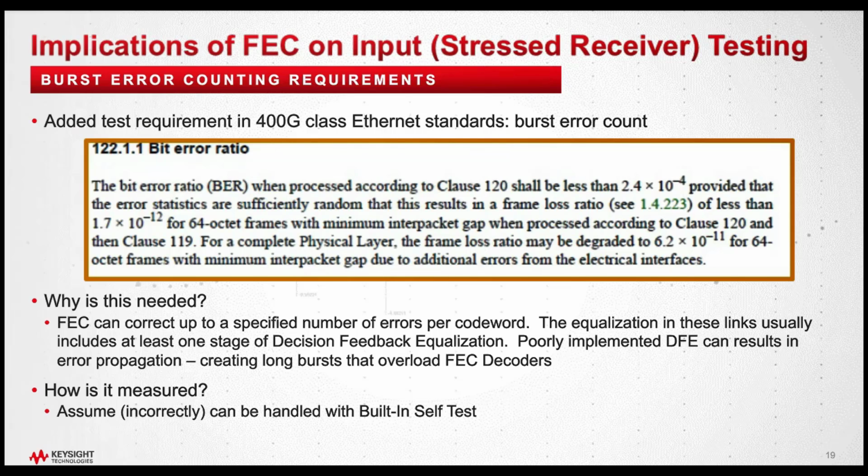DFE is used quite often in these links because of the amount of eye closure that is present, and when DFE is not implemented properly, you have the possibility of actually propagating an error. So, one or two errors can go through and a whole burst of errors come out, and when that happens, that can overload the Reed-Solomon decoder, and that would not necessarily be caught in just doing an aggregate BER measurement. So that's the reason that the standards now require it, because of the assumption of DFE.